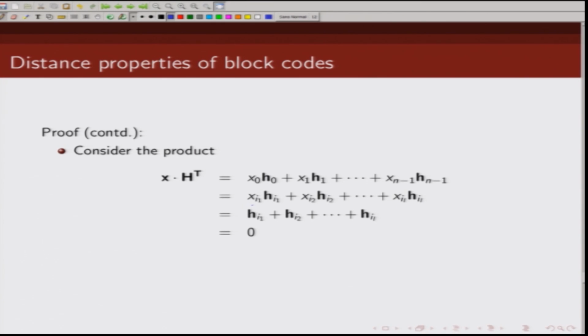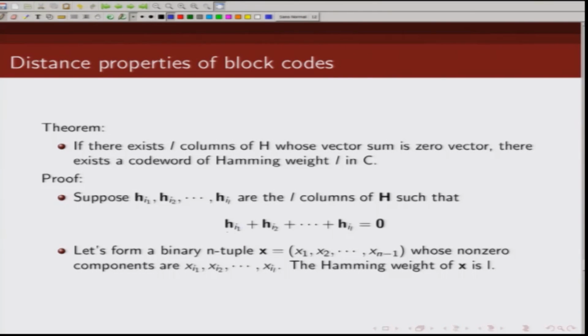So, then we can write this as xi1 hi1 plus xi2 hi2 up to xiL hiL. Now, since xi1, xi2, xi3, up to xiL are all 1, we can write this as hi1 plus hi2 plus hi3 up to hiL. Now, what did we say about the vector sum of these L columns? We said the vector sum of these L columns is 0.